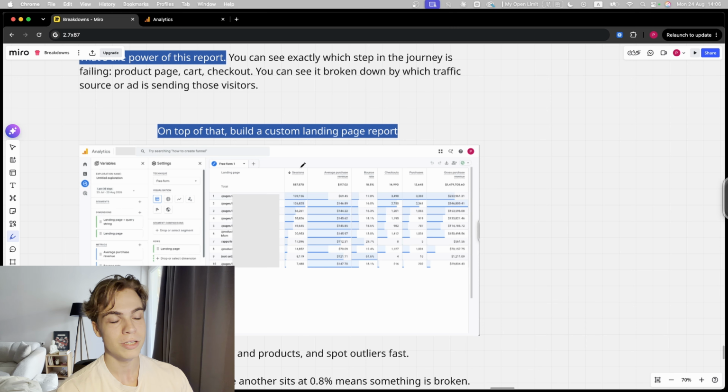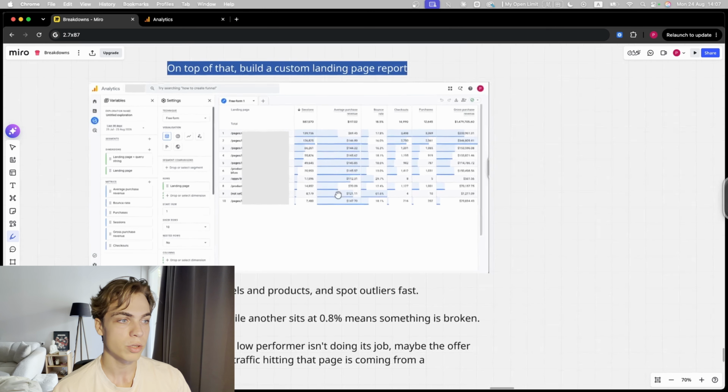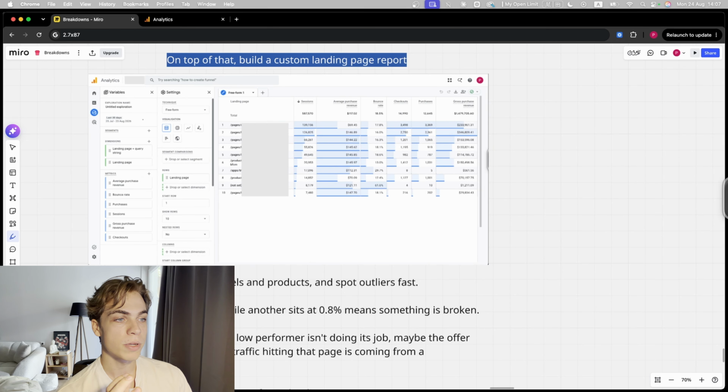Then just screenshot this, send it to ChatGPT or whatever, and ask it to tell you the conversion rate for all of these landing pages, and you can see if there are some holes. This is how you can compare funnels and products and spot outliers very fast. For example, if this page is converting at 4%, but this page is converting at 0.8%, I know something here is broken.